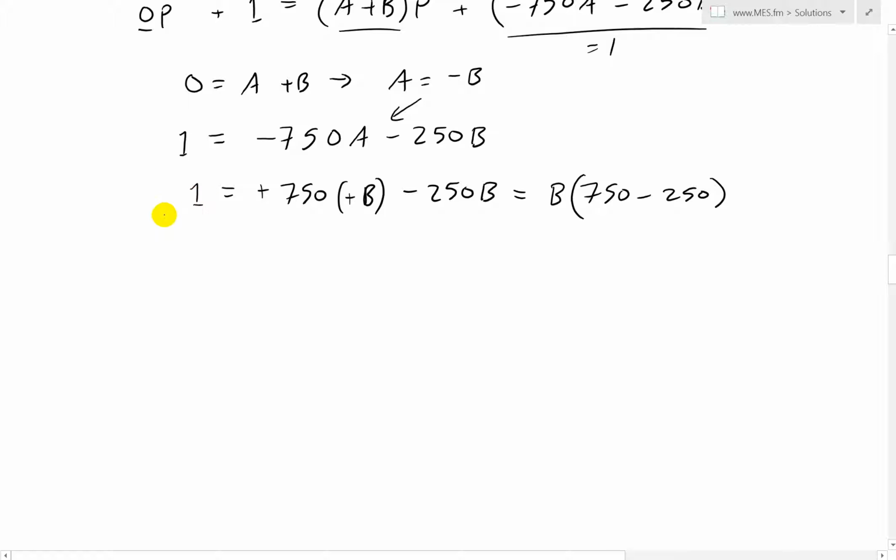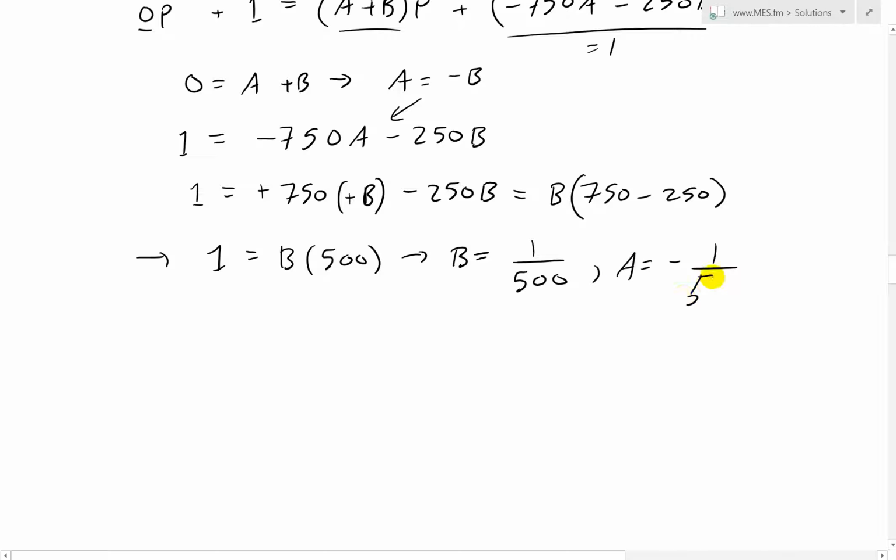So this means 1 equals b times 750 minus 250, which is just 500. So in other words, b equals 1 over 500. Let's divide that out. And then a is equal to negative b, which equals negative 1 over 500. Like that.